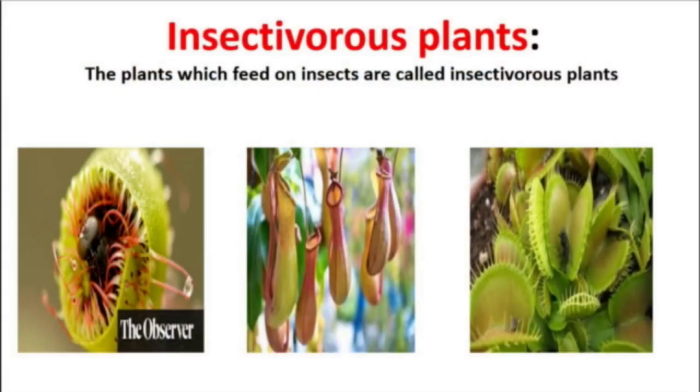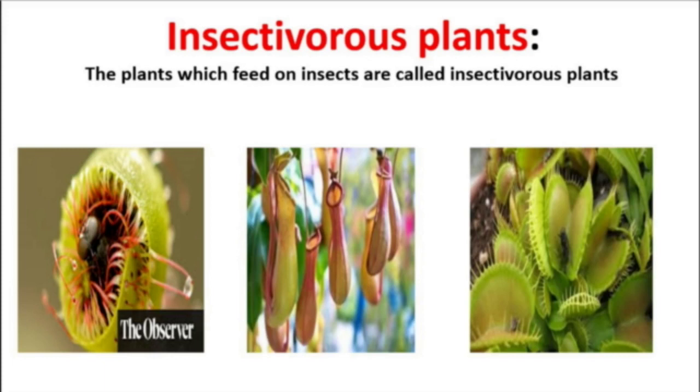Next, the third category, insectivorous plants or insectivores. We all know that different animals eat different organisms. But have you ever seen or heard of plants eating animals? Yes, there are some plants which feed on insects. Such plants are called insectivorous plants, or you can say insectivores.